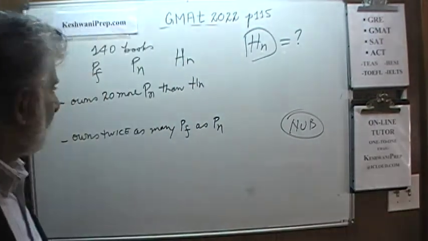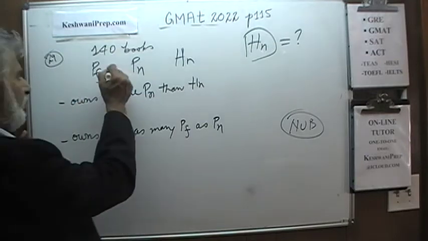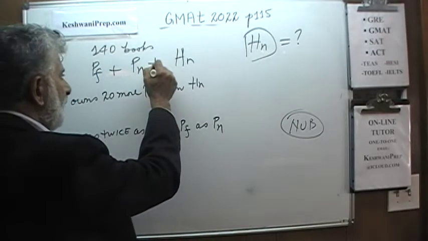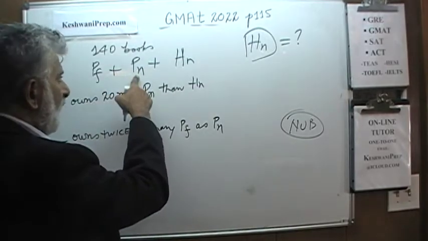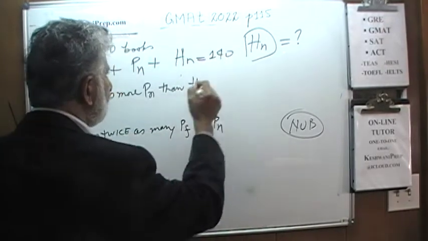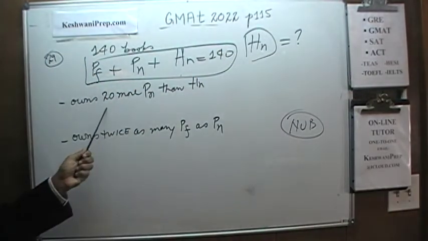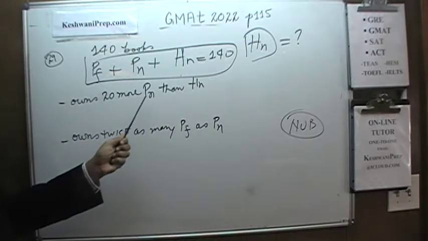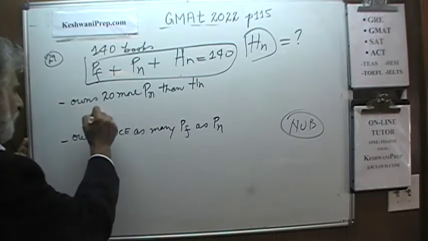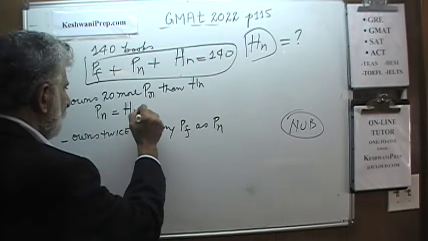Let's find out. What is our first equation? The first equation is right here. We have 140 books, which means paperback fiction plus paperback non-fiction plus hardcover non-fiction has to equal 140. That's our first equation. Second, which is right here, says that he owns 20 more paperback non-fiction. Paperback non-fiction has to equal how many hardcover non-fiction he has plus 20.